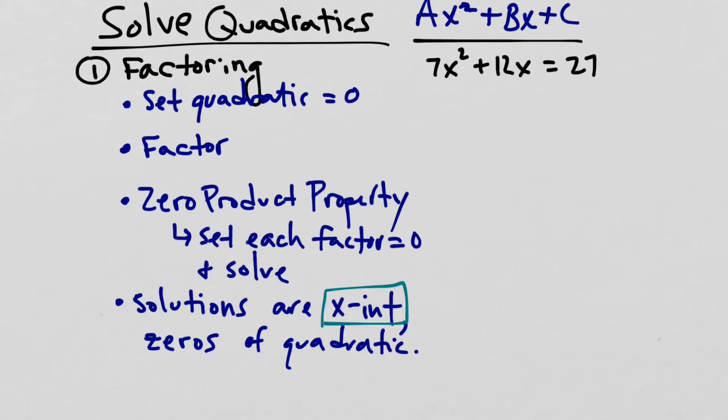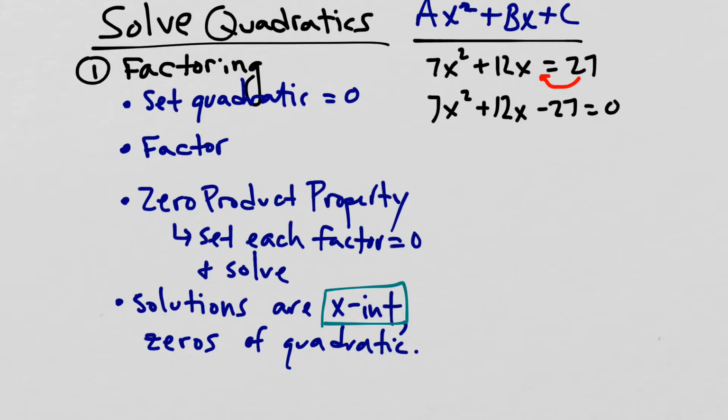So to make it equal to 0, we need to move the 27 from the right side to the left. Now, sometimes the polynomial is already set equal to 0. In this case, to move the 27 from the right to the left, we do the opposite, so we subtract it. So now we have our quadratic equation set equal to 0.